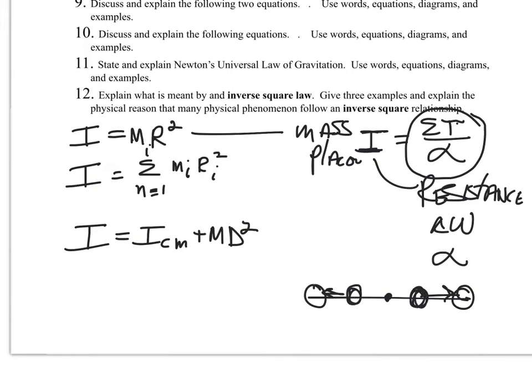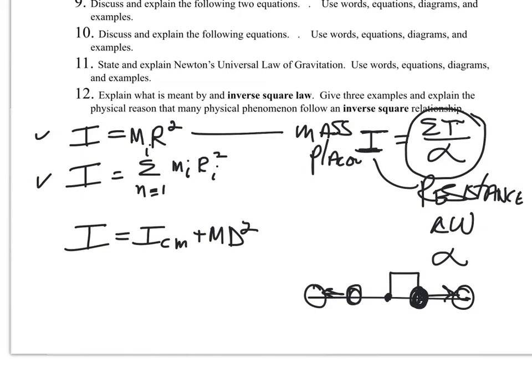If you take the mass and multiply it by the distance to the axis squared, you get the rotational inertia of this mass. But if you have a series of masses, like more than one, n goes from 1 to I, which could be any number, you simply add all the point mass inertias together.